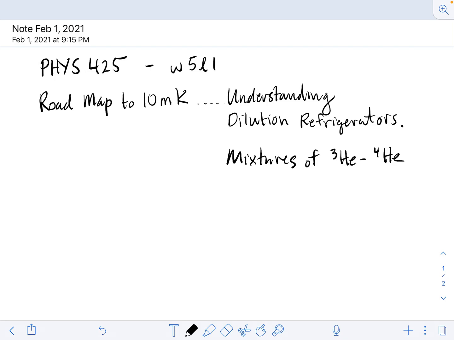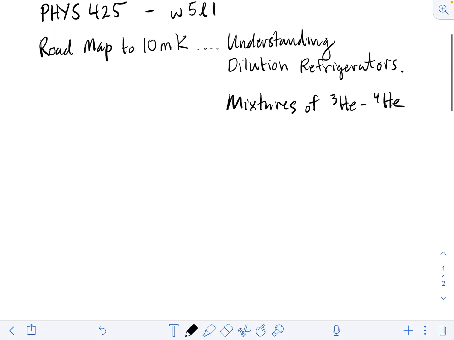And so what I wanted to do is start by writing out a little roadmap that we're going to try to follow for the next little while.